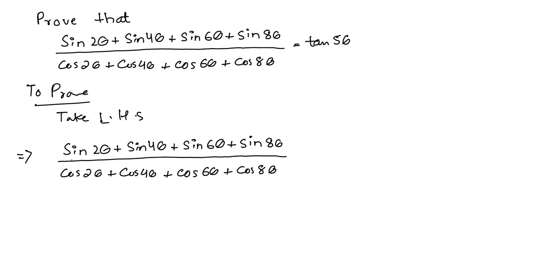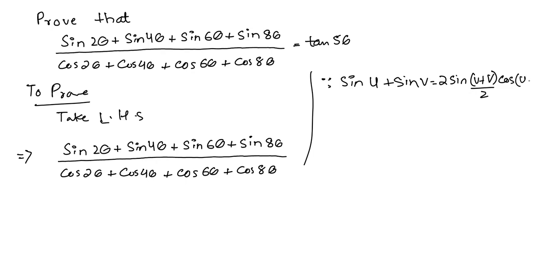Now for this we know that we have some trigonometric identities, like sine u plus sine v, which is equal to 2 times sine of u plus v over 2 times cosine of u minus v over 2.